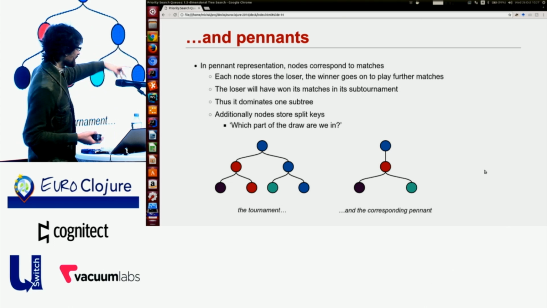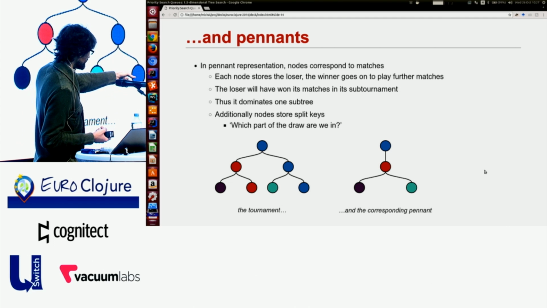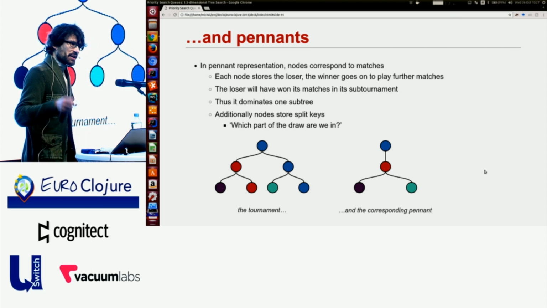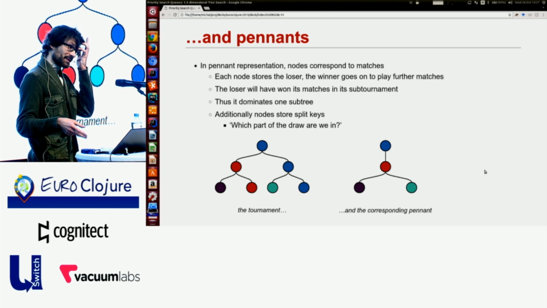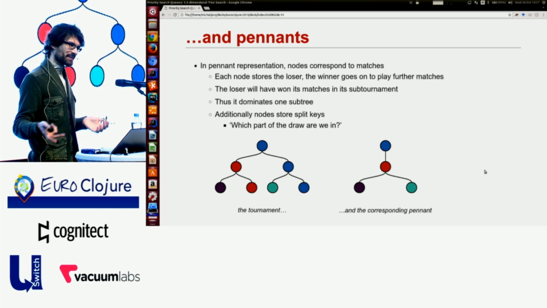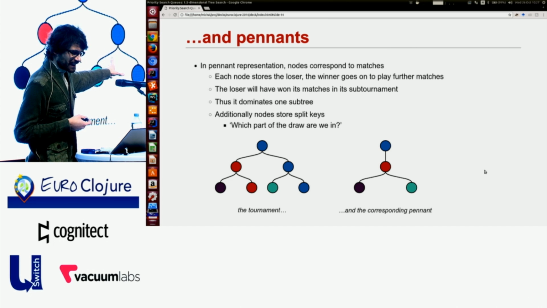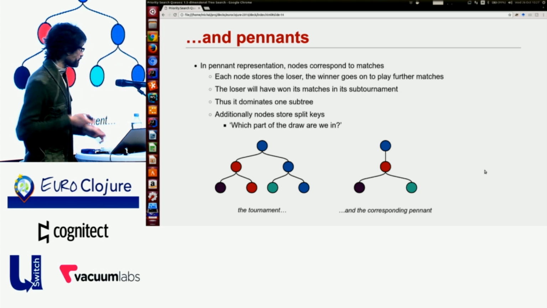It's stored a little higher up, and it dominates its left subtree, right? But perhaps not the right subtree, the teal subtree. We have no idea whether red would win against teal or not. And this is why it would be costly to maintain a heap structure instead of a semi-heap, right? Because we would have to play some additional matches and just do more work to determine whether these matchups that haven't actually occurred in the tournament would result in a win for this contestant or that one.